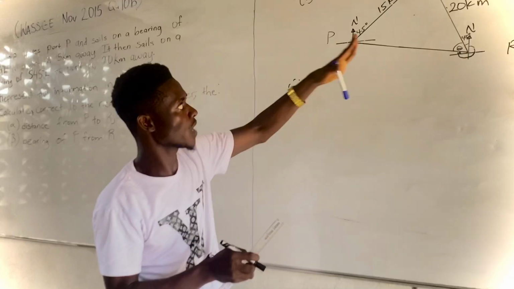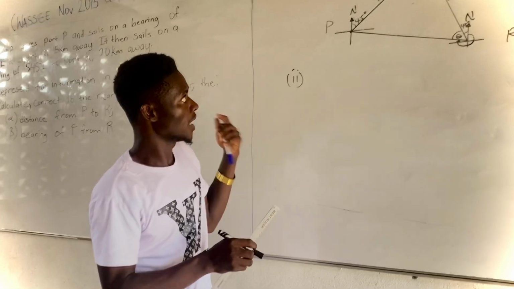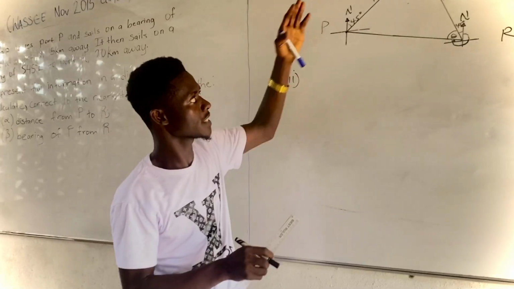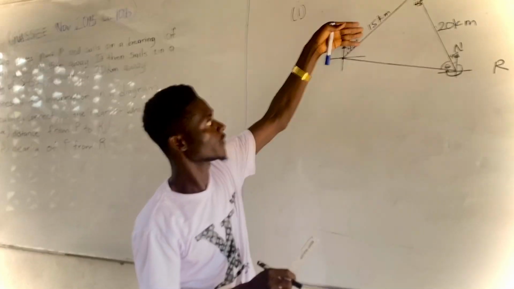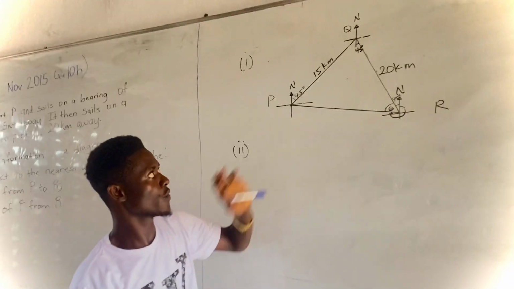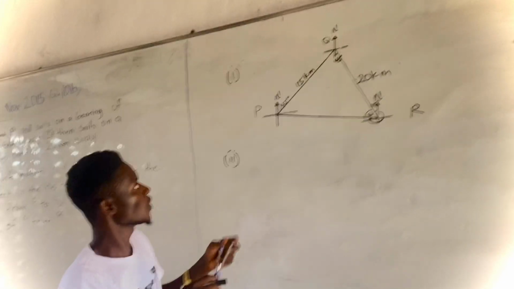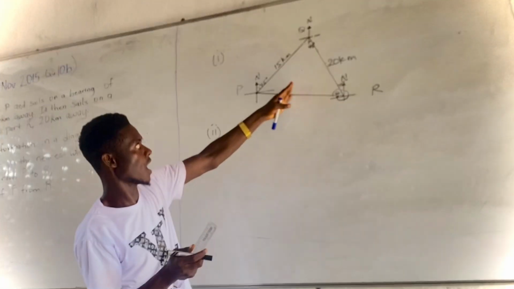If it is a right angle triangle, then we apply the Pythagoras theorem. If it is not a right angle triangle, then we have to apply either the sine law or the cosine law, based on the measures of the sides that we have. So in order to determine that, we have to be able to find one of the interior angles of this triangle.